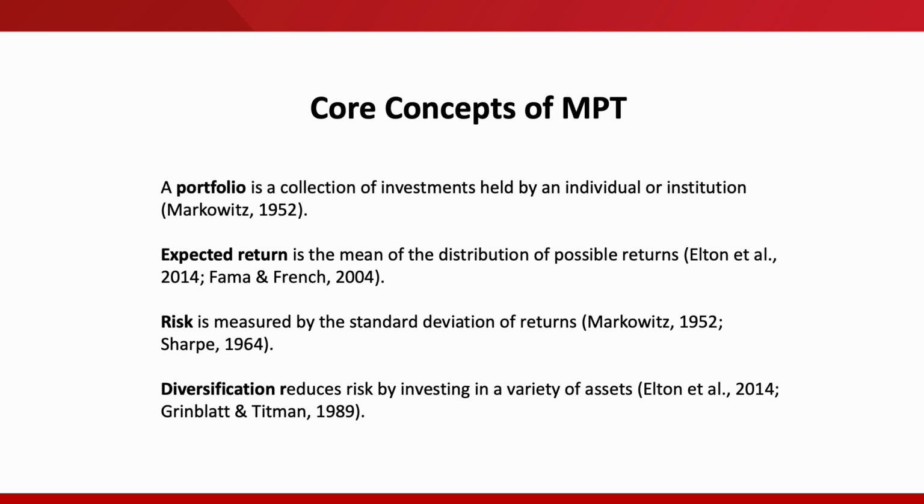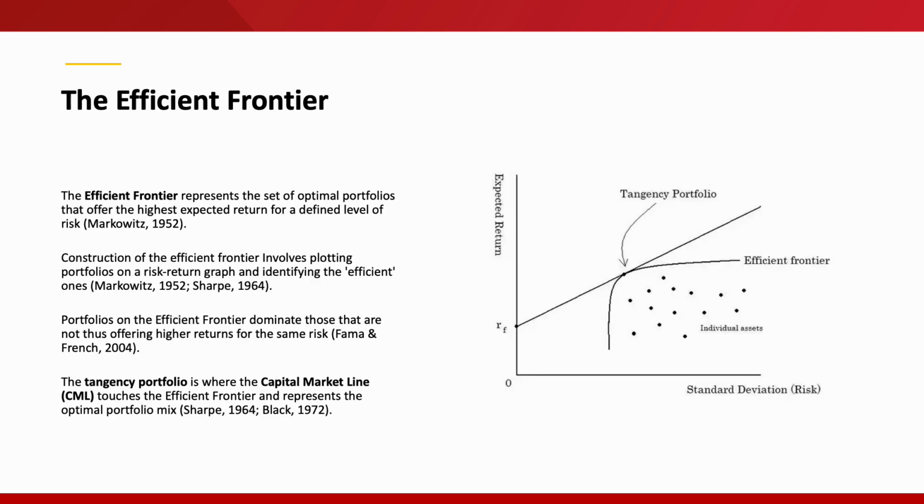The idea is that the negative performance of some investments can be offset by the positive performance of others. These core concepts of portfolio, risk and return, and diversification form the foundation of modern portfolio theory and are essential for understanding how to construct and manage investment portfolios effectively.